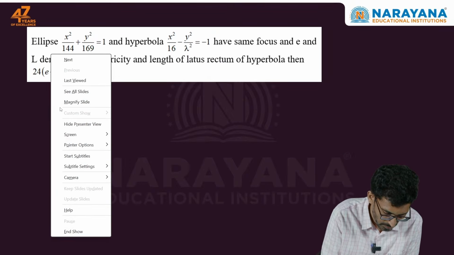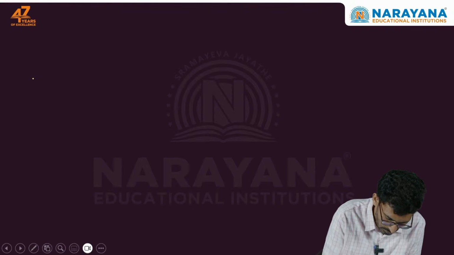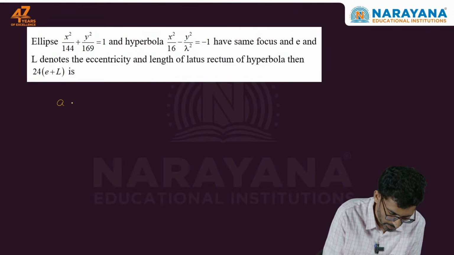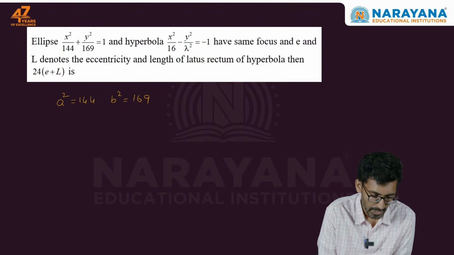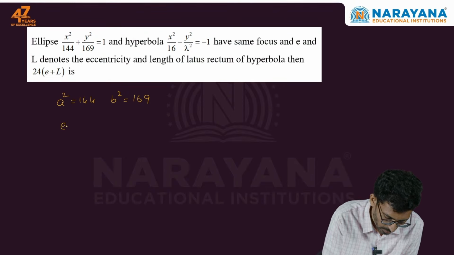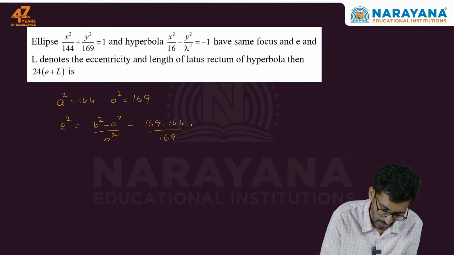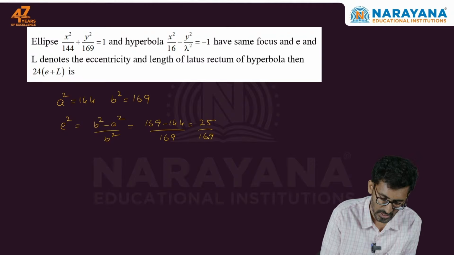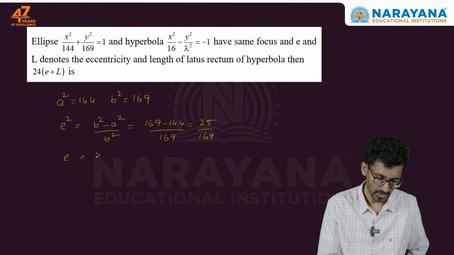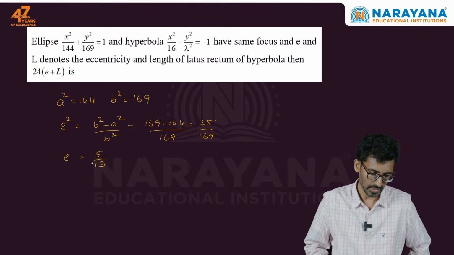Here a square is equal to 144 and b square is equal to 169. e square is equal to b square minus a square by b square, which is 169 minus 144 by 169, so it is 25 by 169. So the eccentricity value is equal to 5 by 13.